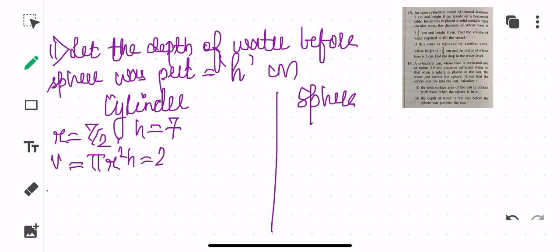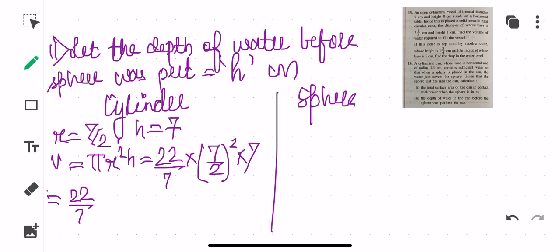So this in turn is equal to 22/7 into r square, 7/2 square, into 7. So this comes out to be 22/7 into 7/2 into 7/2 into 7. Here, if you see, this is getting cancelled out, 2 gets cancelled to 11.